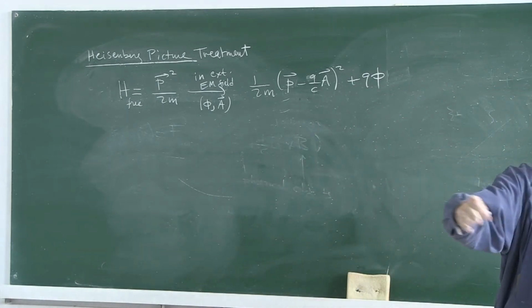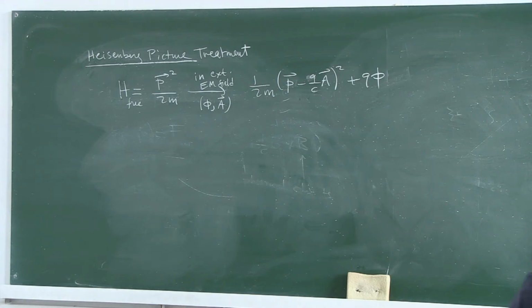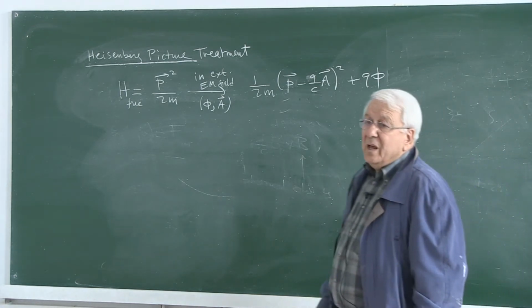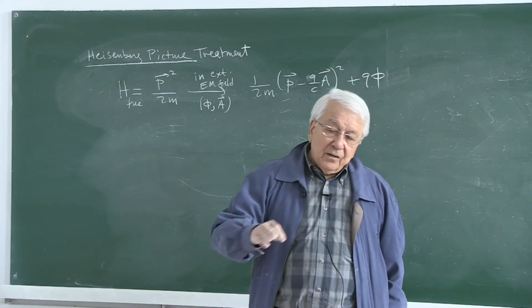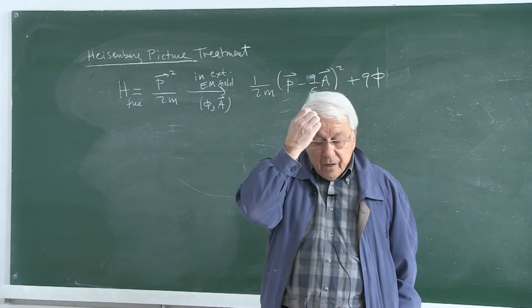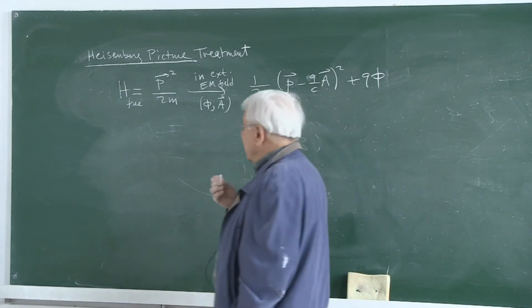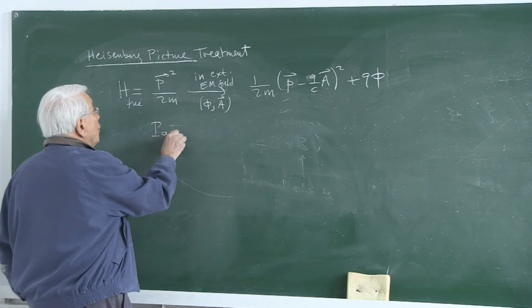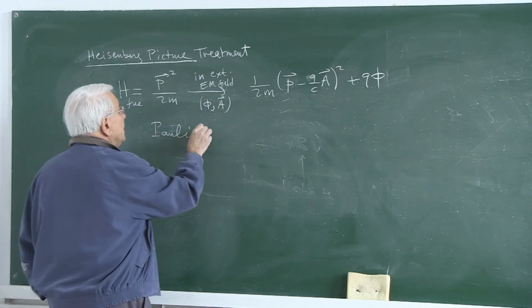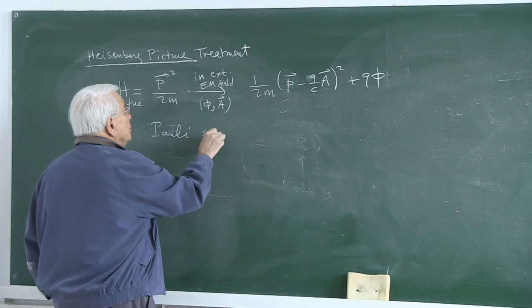That's the usual pathway. Or Mr. Pauli has a recipe, the so-called Pauli's substitution principle, at the equation of motion level. The other is at the Lagrangian or action level, and this recipe of Mr. Pauli is at the equation of motion level. Pauli's substitution principle.